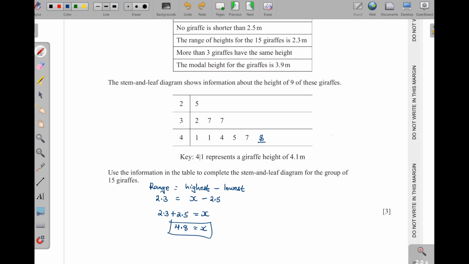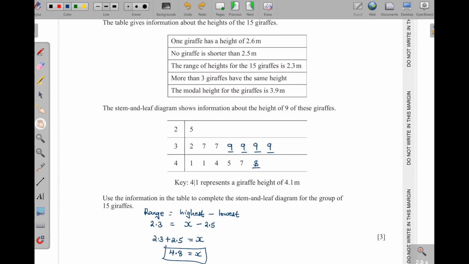So we shall have 3.9 appearing more than 3 times. Let's say we are putting 4 times. 1, 2, 3, and 4. First, let me just put those 4. Remember, these numbers must align vertically with these ones here, right? You don't write numbers in the middle of others.